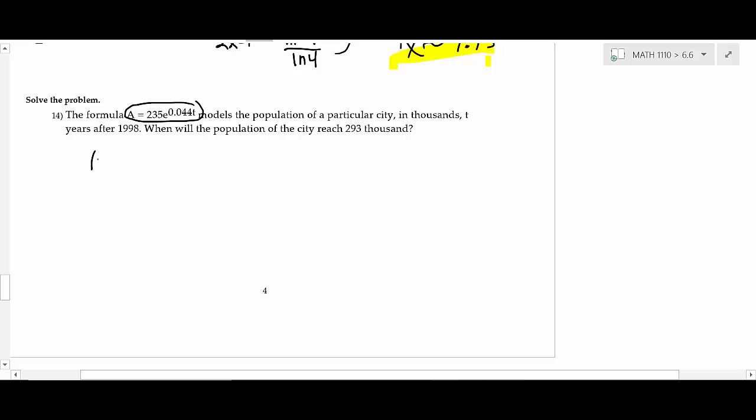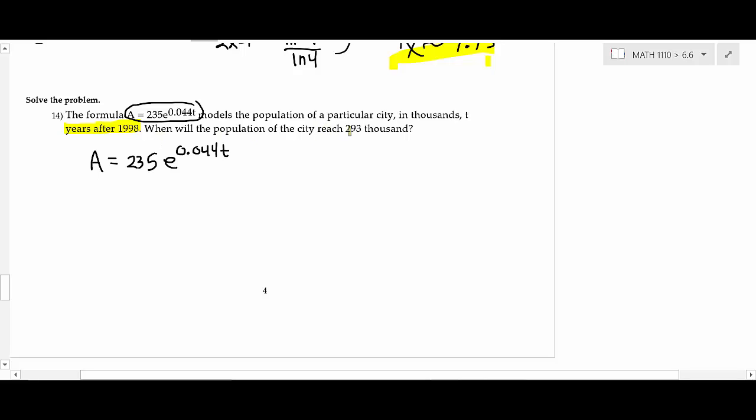So what this one is, it's given this exponential model. Let's go ahead and write that down. So we have A equals 235 e to the 0.044t, like that. Now it says t is years after 1998.